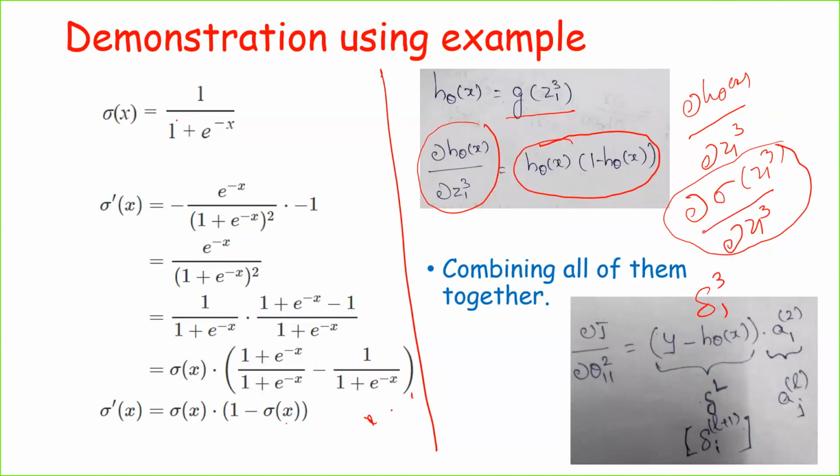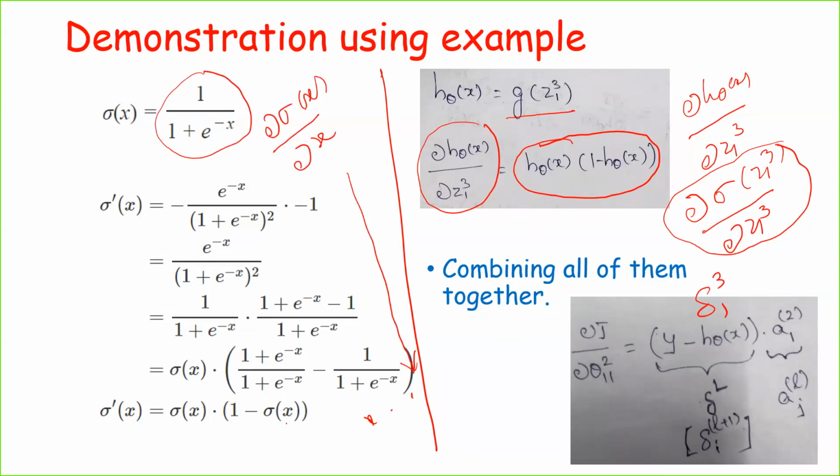Sigmoid of x is 1 by 1 plus e to the power minus x. So we are now taking the derivative of sigmoid of x with respect to x. These are all internal computations. You can slowly go through it later because there are multiple rules involved here. I'm not going to touch that.